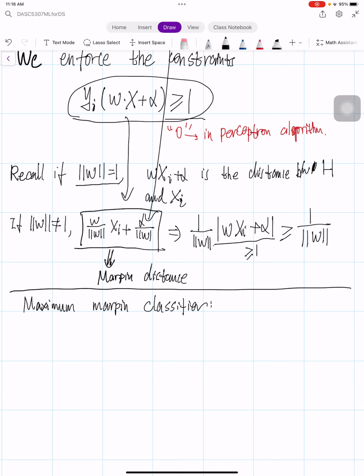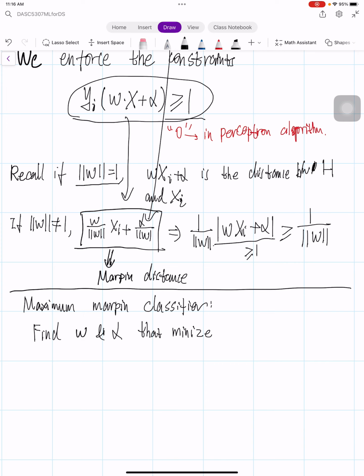The idea is we want to find the omega and alpha that minimize this omega.